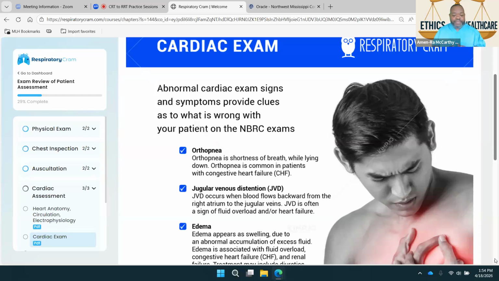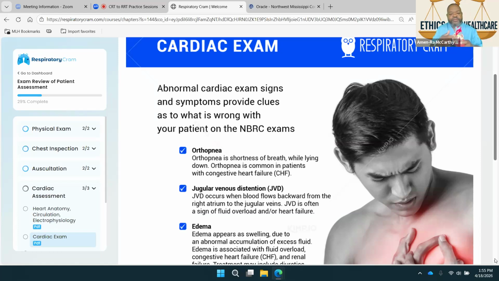What about JVD? Jugular venous distension. JVD occurs when blood flows backwards from the right atrium into the jugular veins, right? JVD is often a sign of fluid overload and or heart failure. So remember, here we are right here. This is our right atrium, right here, right?